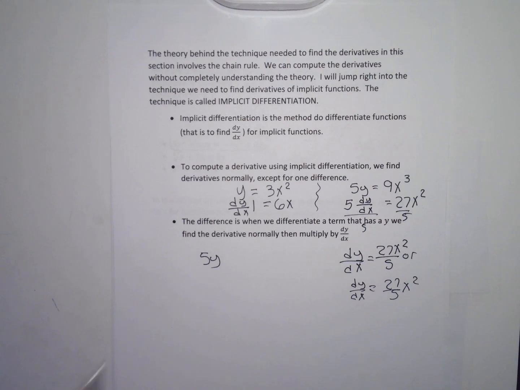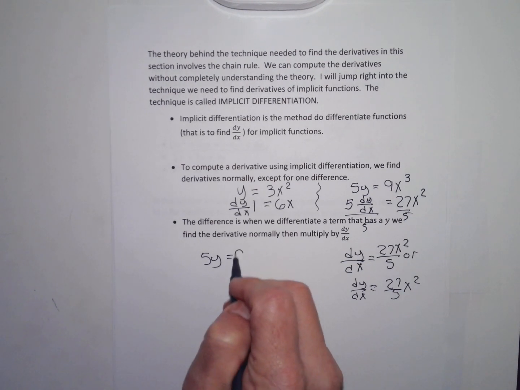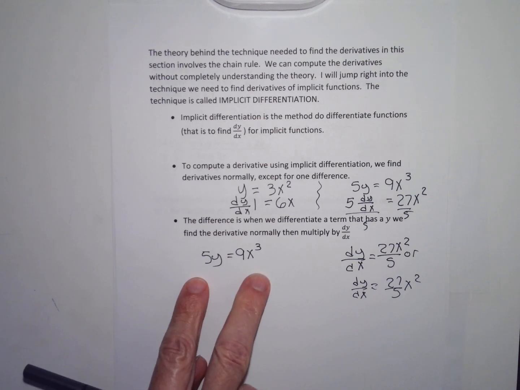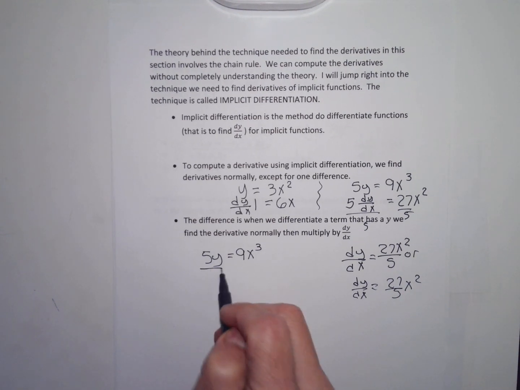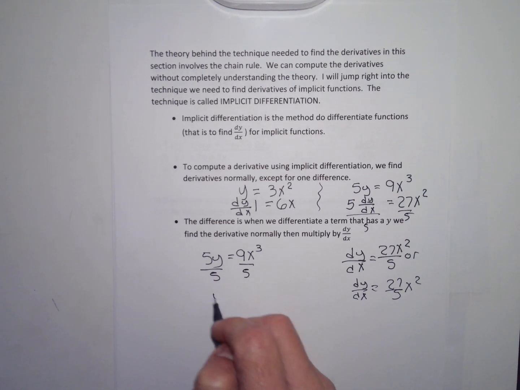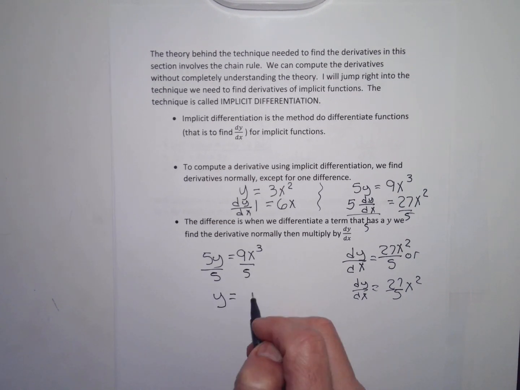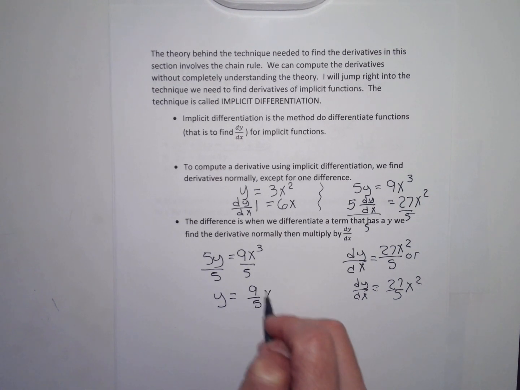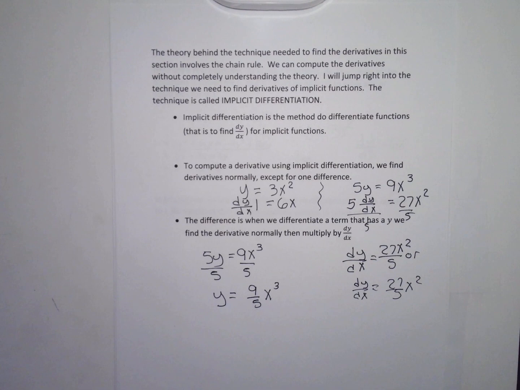These are equal. The problem that I wrote here is an implicit function because it's not solved for y. It wouldn't be hard to solve it explicitly for y. If I had just taken this function, divided both sides by 5, and maybe written the right-hand side in a way that's better for derivatives, then I can take the derivative.